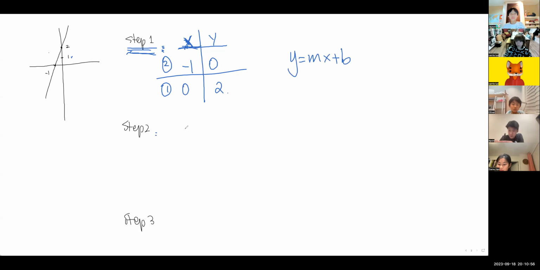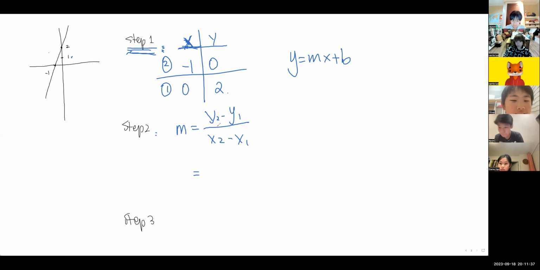Okay, so step 2. Oliver, can you tell me, step 2, we want to find out what? m equals y2 minus y1 over x2 minus x1, correct?